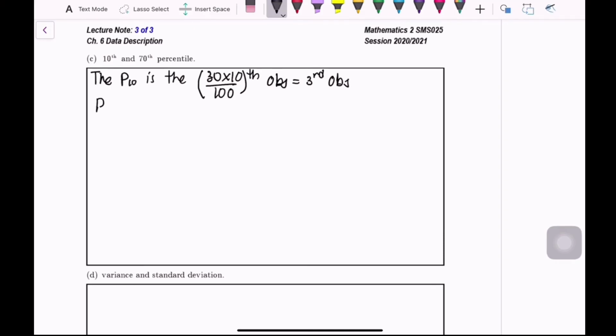By using the formula, P10 is equal to 150 as the lower boundary for P10, plus n times k over 100, which is 3, minus the cumulative frequency before P10, which is 0, over the frequency for P10, which is 5, times C, which is equal to 5, so P10 is 153.